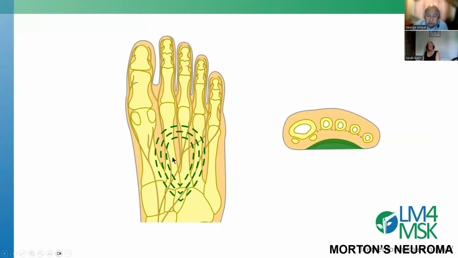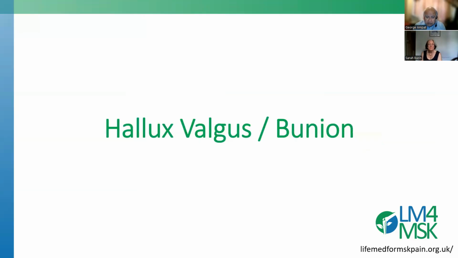Again, if there is a Morton's neuroma, when we put a metatarsal pad, it widens out and separates the metatarsal heads, and there is more space and thus less crushing of the metatarsal heads together. Some of all these conditions are caused because of our footwear. We like to wear narrow, small footwear, and that is where the majority of these issues arise.